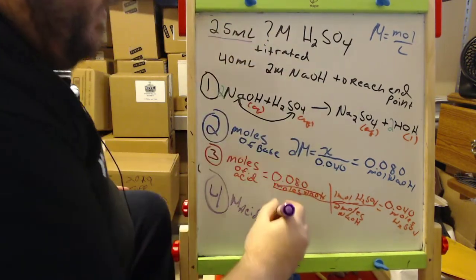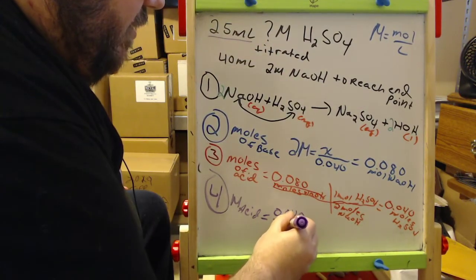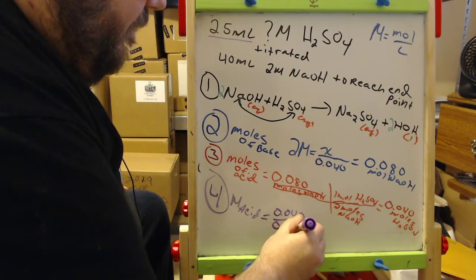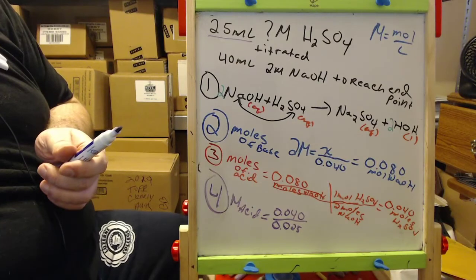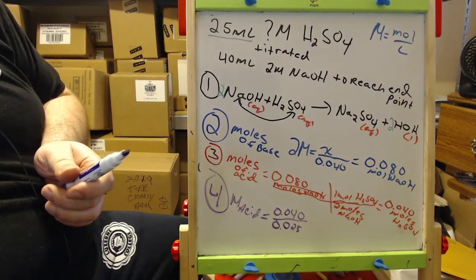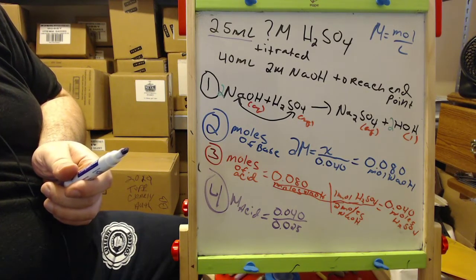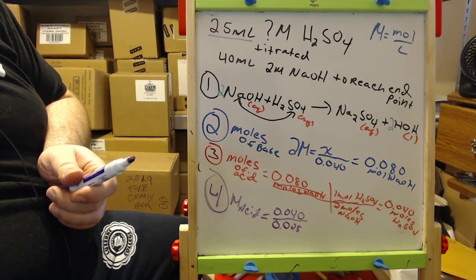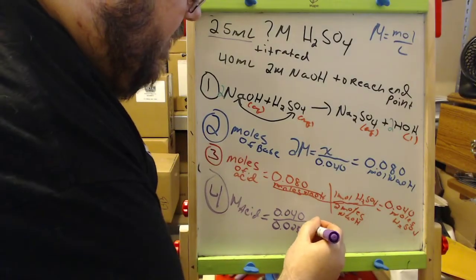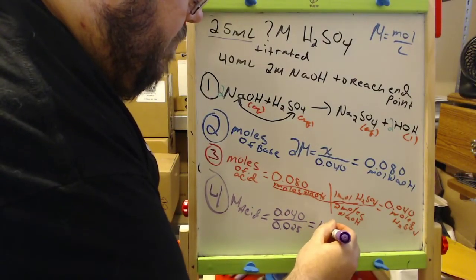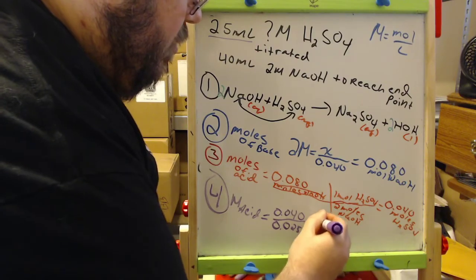They gave it to me up here. 0.025. And now I do the math. 0.04 divided by 0.025. And I get an answer that my sulfuric acid is 1.6 molar.